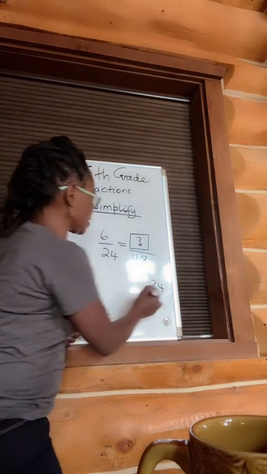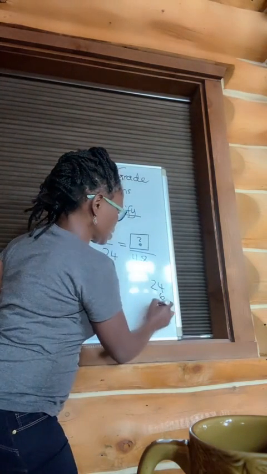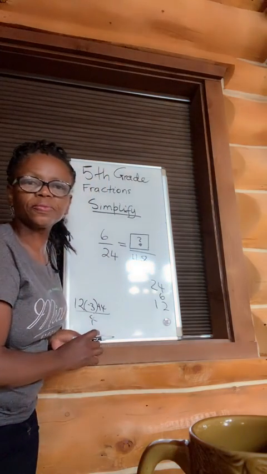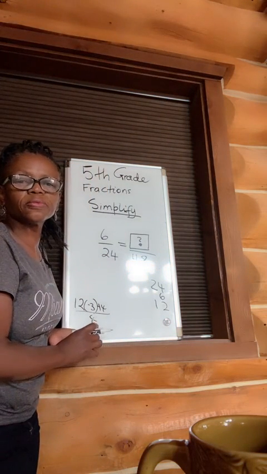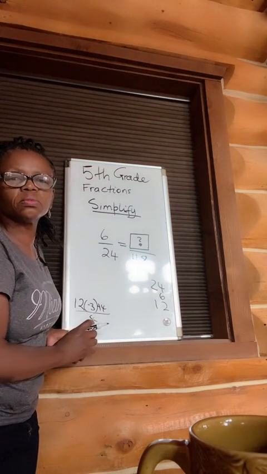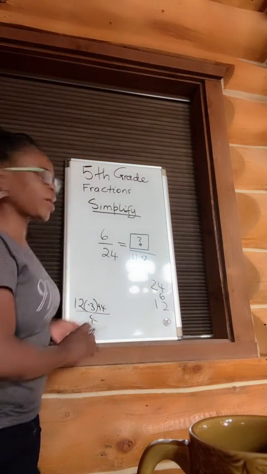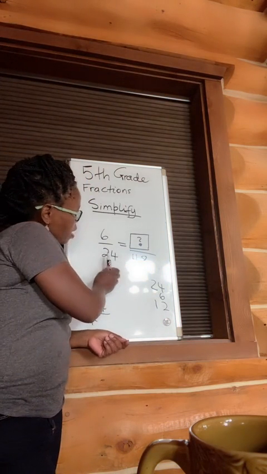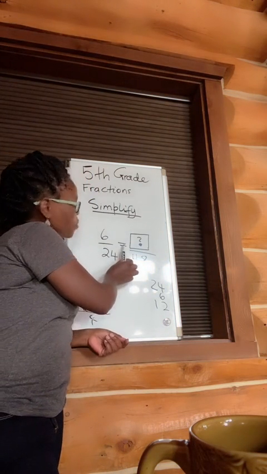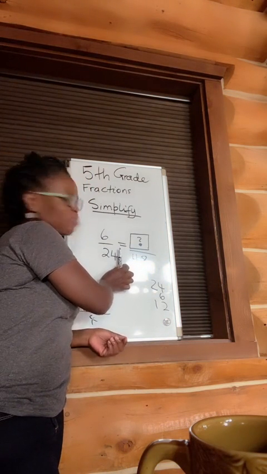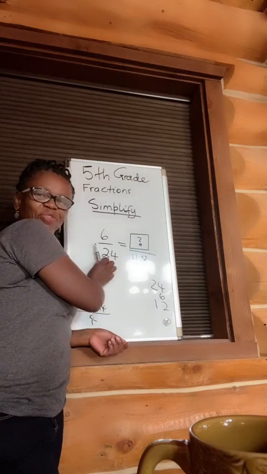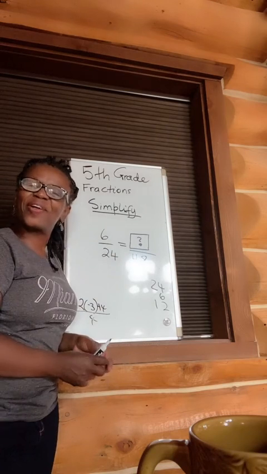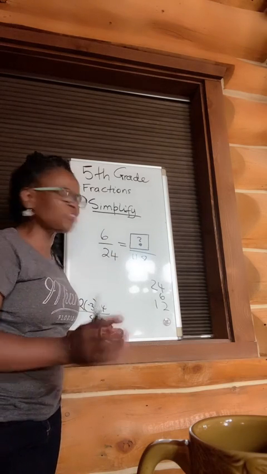Another person said 6, and then 12. Okay, so when we have this equal sign here, it means that this fraction and this fraction are equivalent. You can say they are kind of the same.